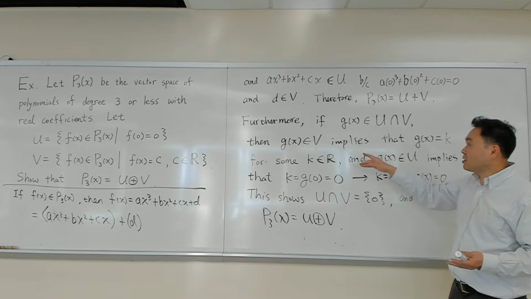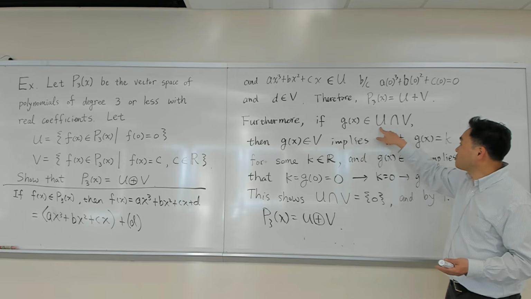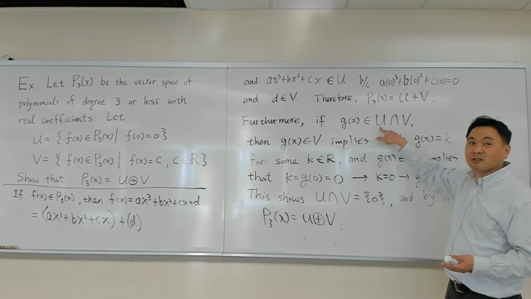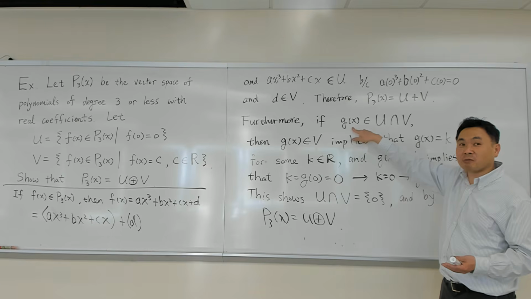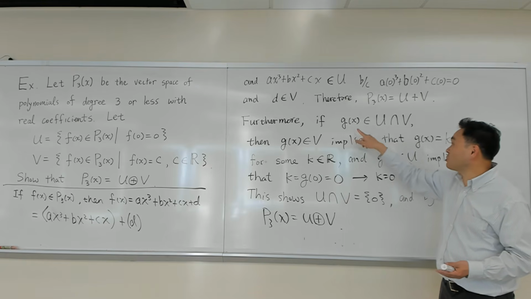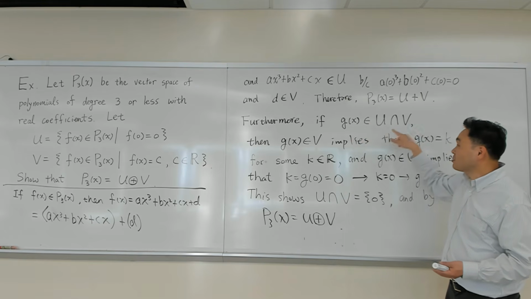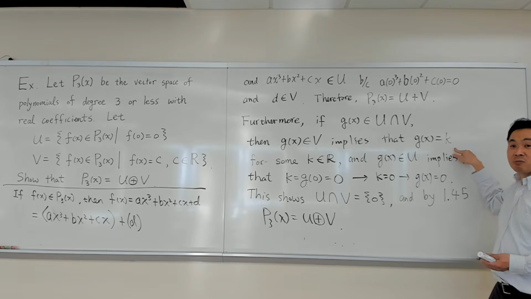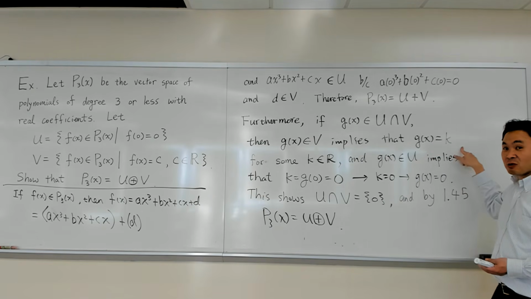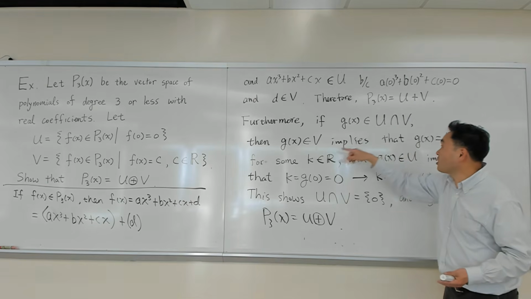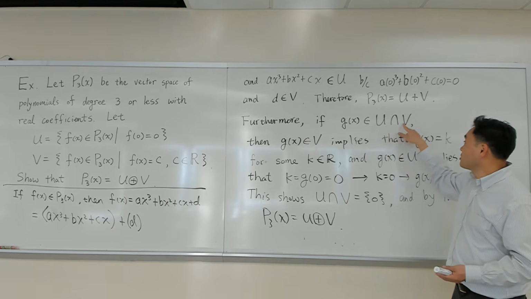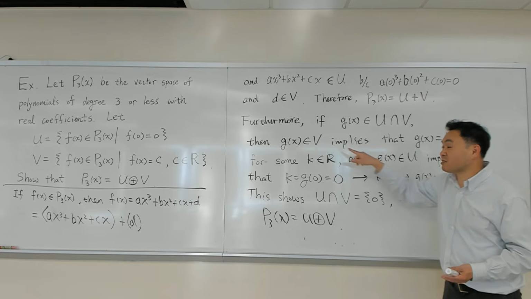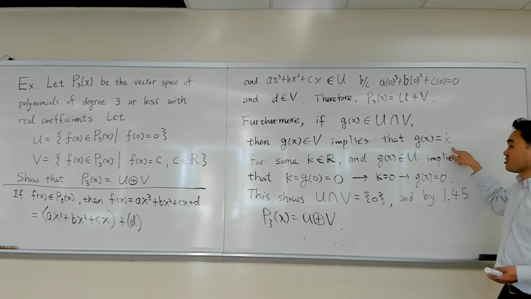Well, I could have started with this one, but that makes this element look much more complicated. It's better to start with g of x being in V, because that narrows down what g of x can be considerably, right? It's a lot easier to argue with this V first. So even though I wrote U intersection V, you want to start with this and say, oh, g of x is just a constant.